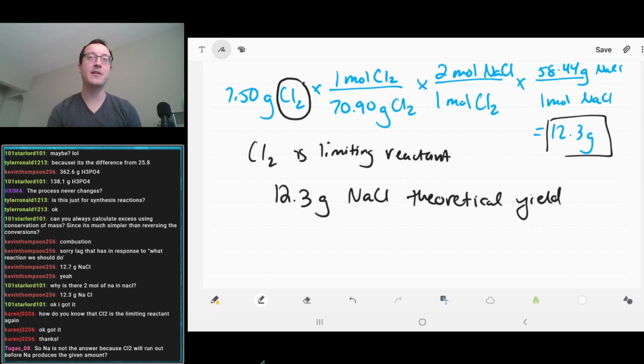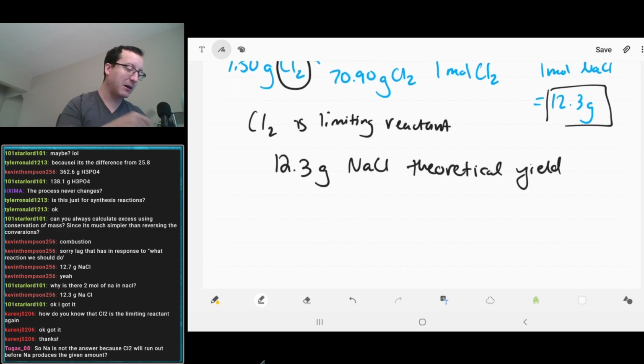However, perhaps some of the sodium reacts with oxygen instead, or the chlorine escapes out of the beaker that you're doing, or whatever. Reality happens, and we have one more term that we're going to be able to use to describe this.